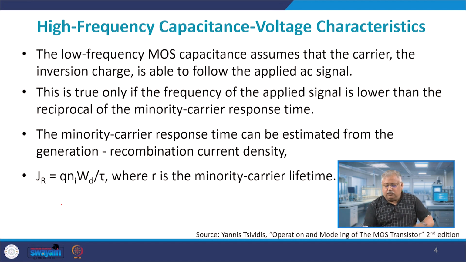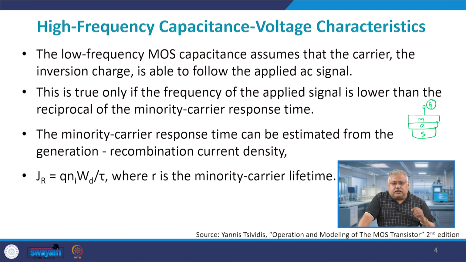Let us say you have a gate, I am only considering the intrinsic part, we are not looking at the extrinsic part at this stage, and we have a metal, an oxide layer, and then I have a semiconductor. If you are varying this gate voltage at low frequency, of the order of a few hertz, then your carriers are able to respond to the changes, and at anything higher than that the inversion charge carriers will not be able to respond.